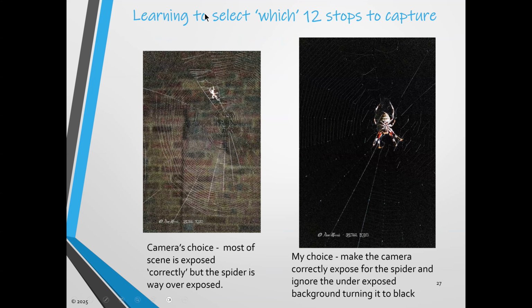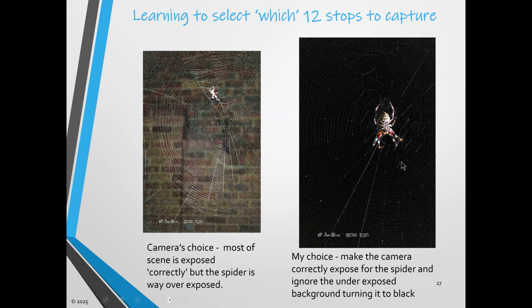So this is to show you what my camera automatically did when I was trying to photograph this spider. It way overexposed my spider, and my background's looking pretty ordinary too, but at least it exposed it as well as it could.